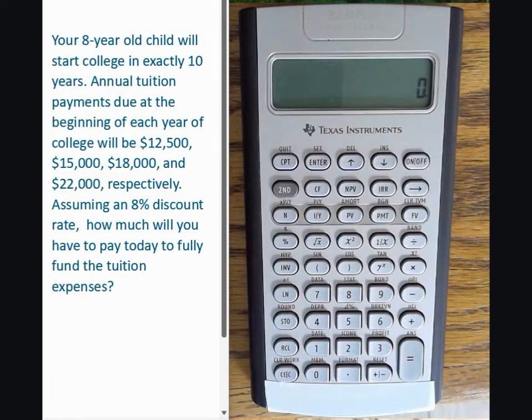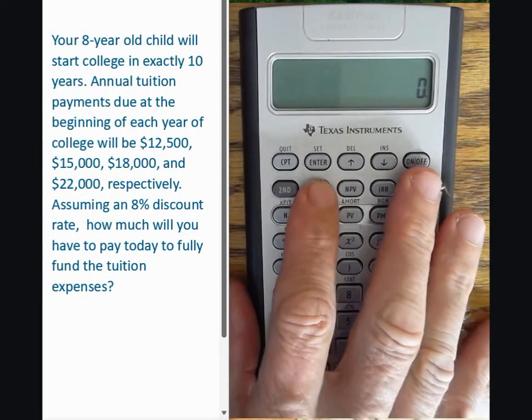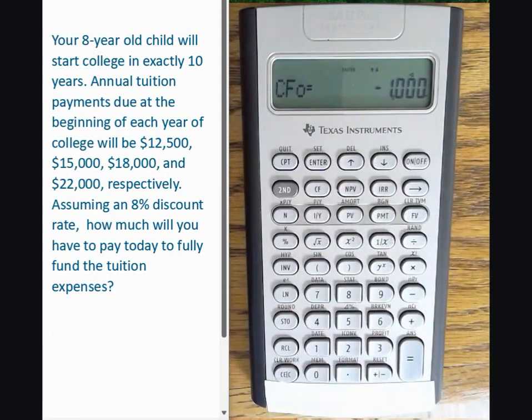So let's take a quick look at how to use the cash flow register with your BA2 Plus. The cash flow register right here is the CF button. Press that, and what we're going to do is put in our cash flows.